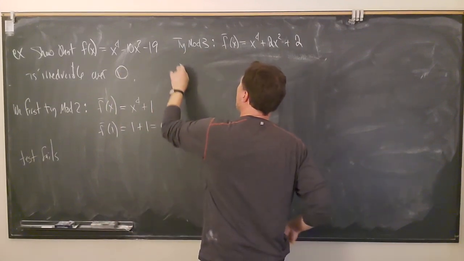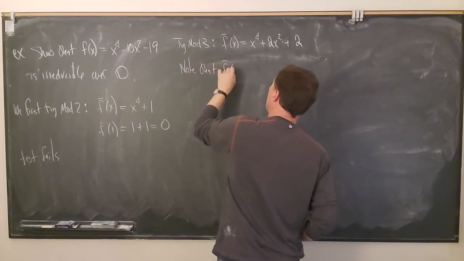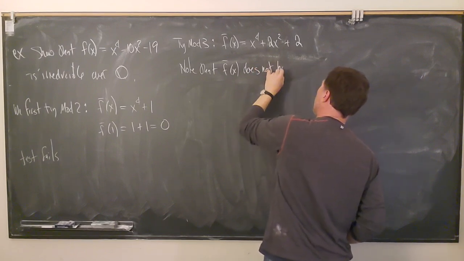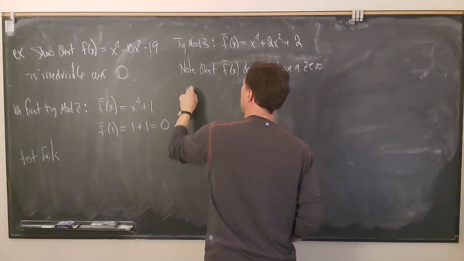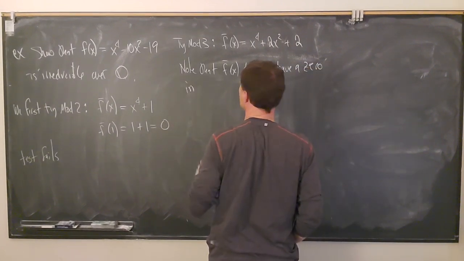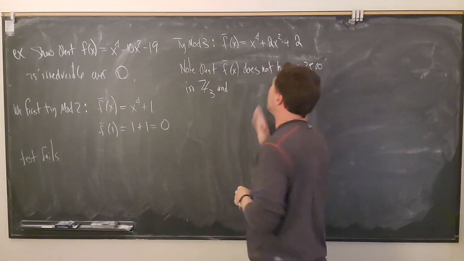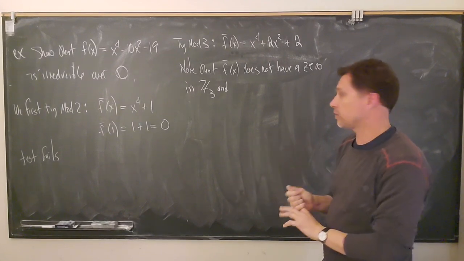So let's just note that f bar of x does not have a 0 in Z3. And so what does that mean? It means that f bar cannot factor as a degree 1 times a degree 3.